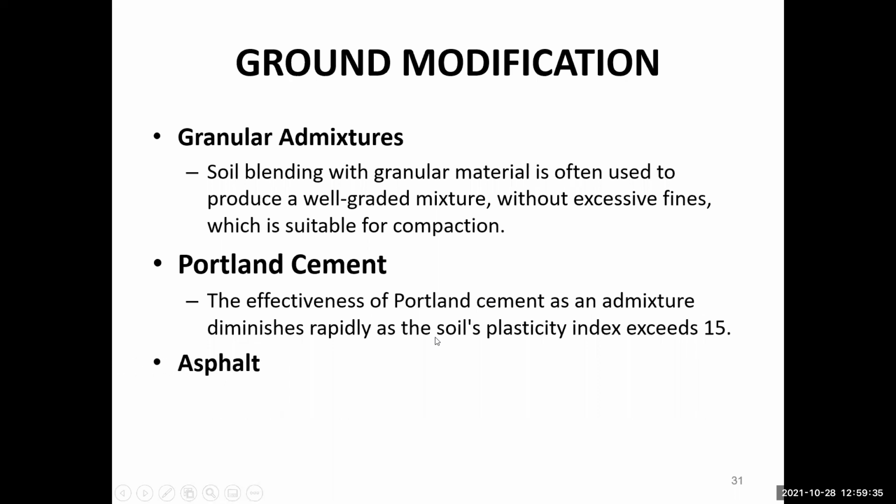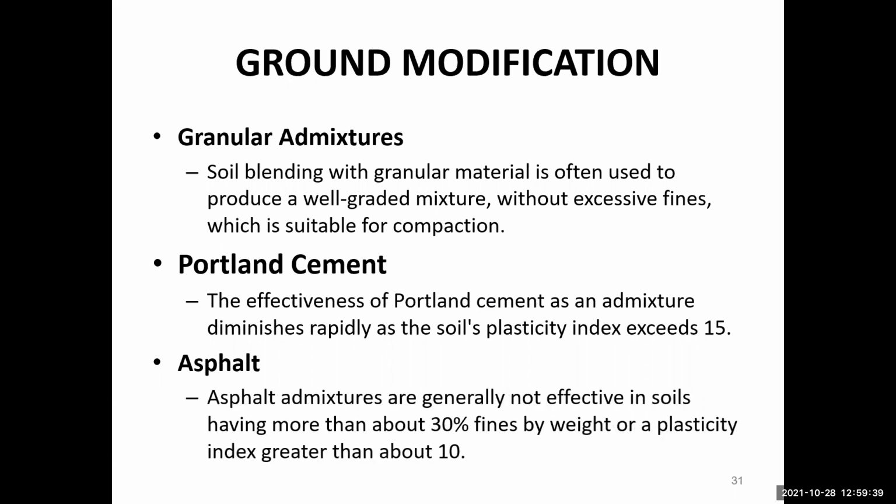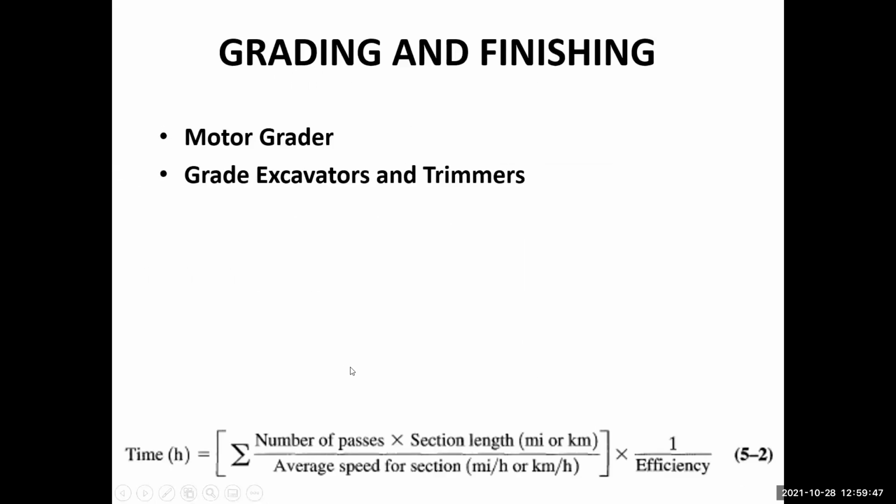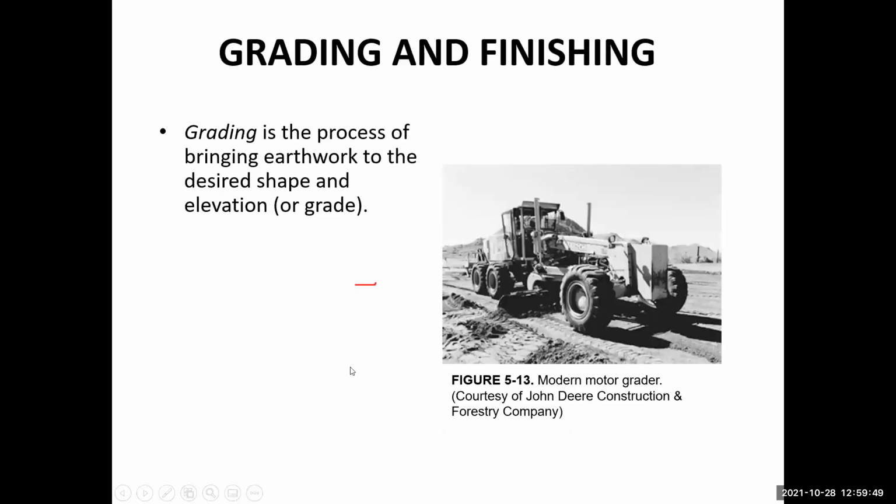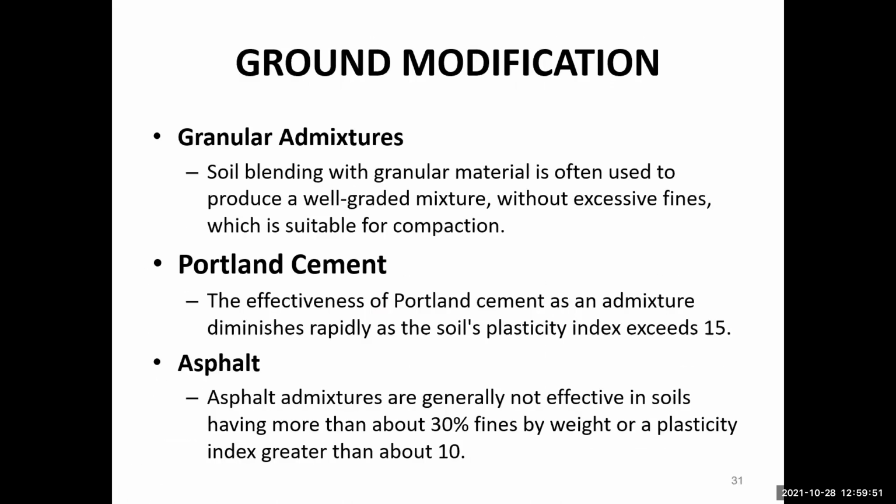I think these types of topics are covered in more detail in soil mechanics courses. But in the textbook chapter, we have more details regarding these topics, so you may refer to those descriptions in the textbook.